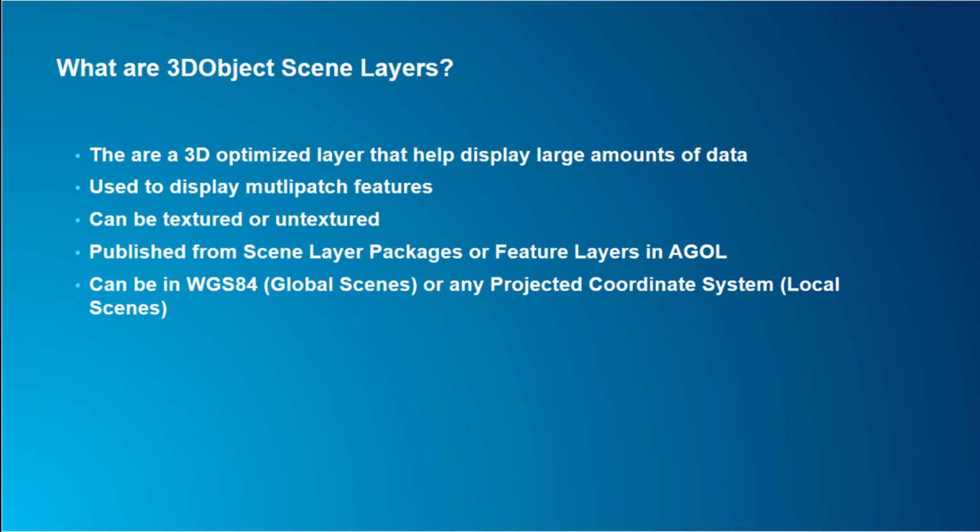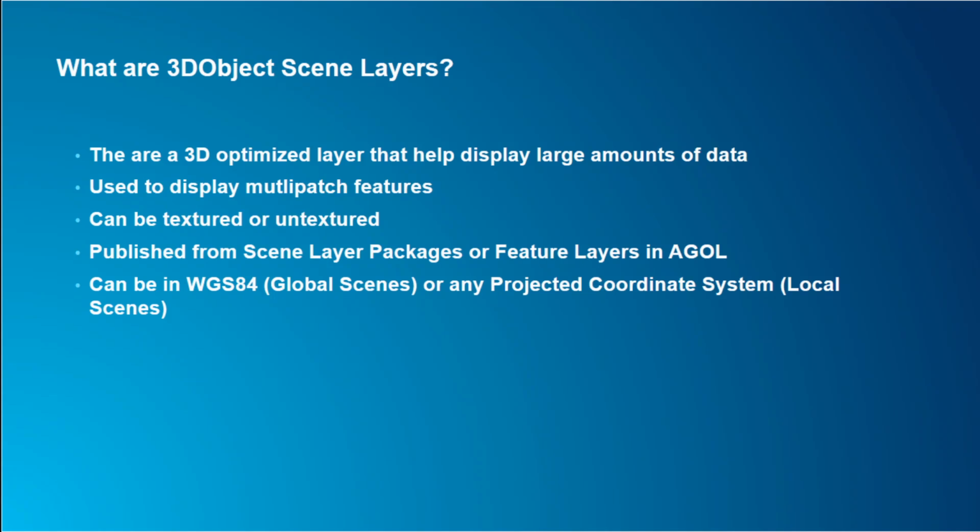The other thing about these scene layers is that in this case, I'm just going to be using them in a global scene, which means it could be using a WGS84 coordinate system, or it could be using WebMercator in the global scene case. But for local scenes, which I showed in the earthquake demo in the plenary, those can be either WebMercator or any other projected coordinate system.